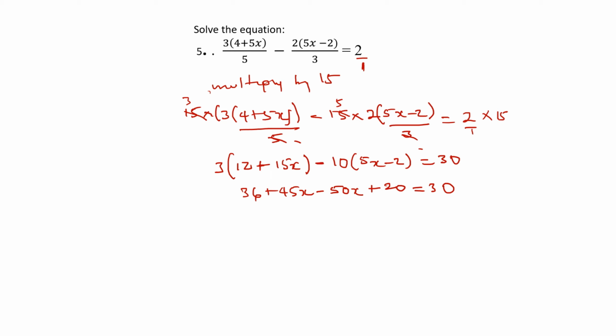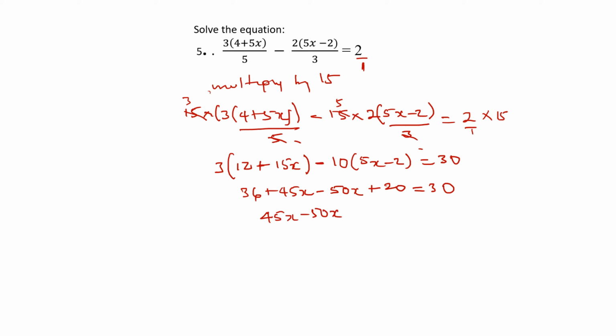We bring the x together and the numbers together. We already have plus 45x and minus 50x.